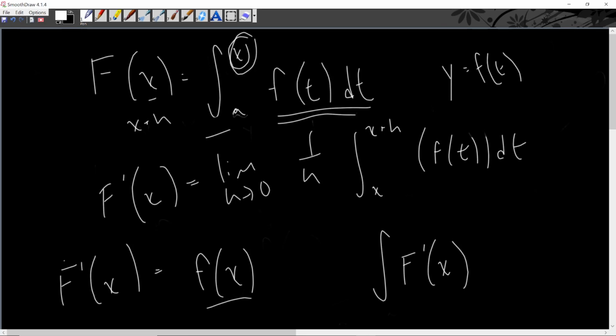So there's no interval, but we're going to say that if f prime x equals f of x, then the antiderivative, or that integral, will be equal to f of x, which is an important idea. What we're essentially saying is that differentiation and integration are opposite.